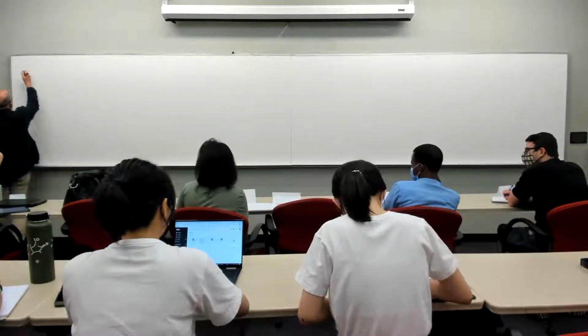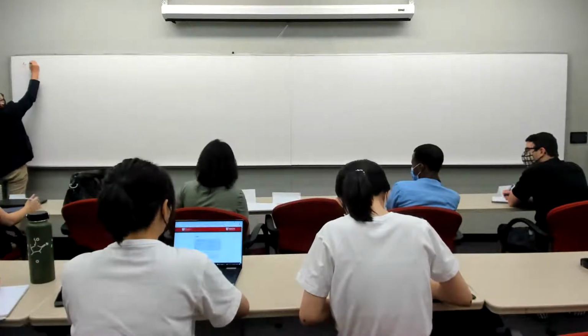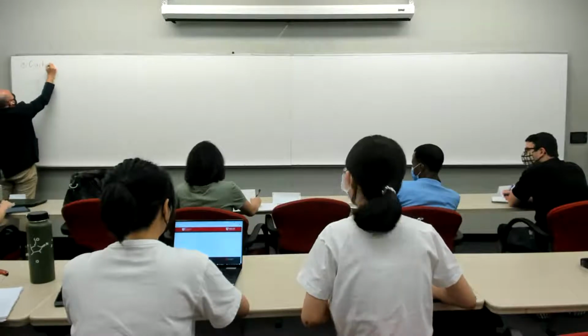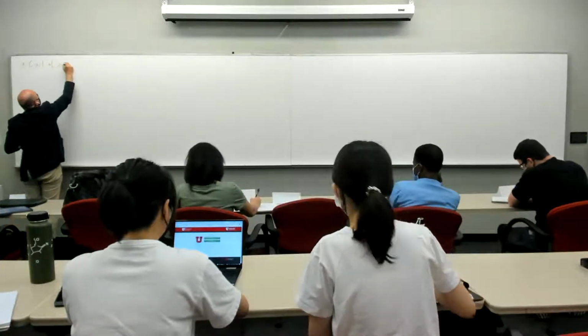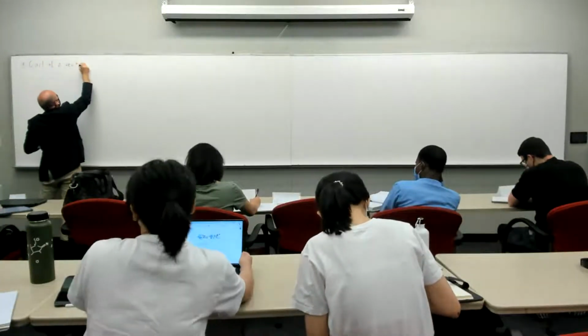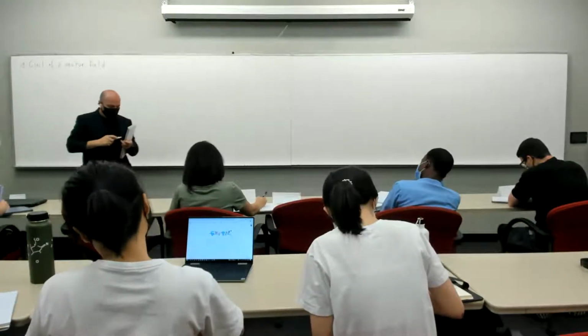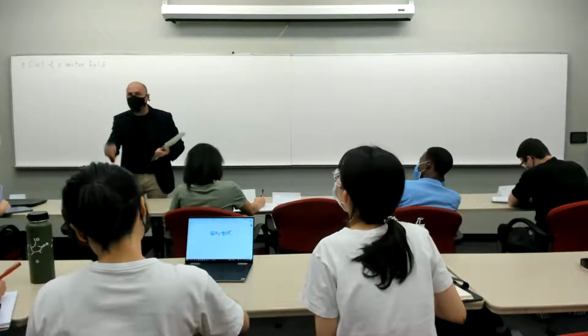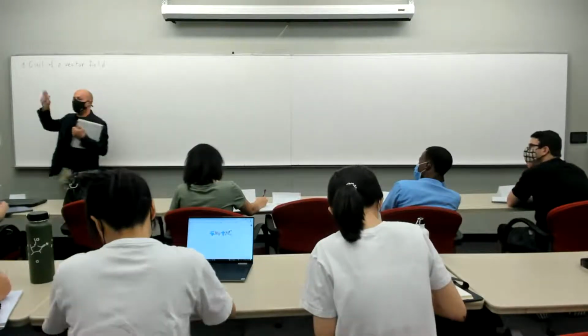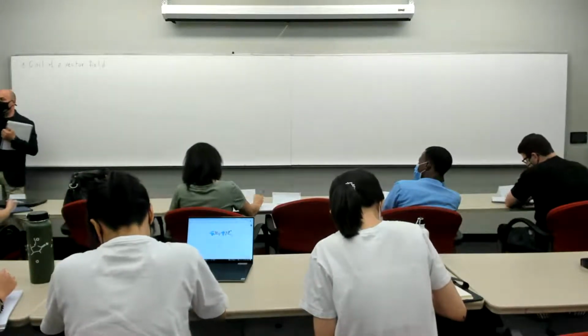The next thing I want to talk about is the curl of a vector field. Okay, so if you think about vector to vector operations, we looked at the scalar product and the vector product.